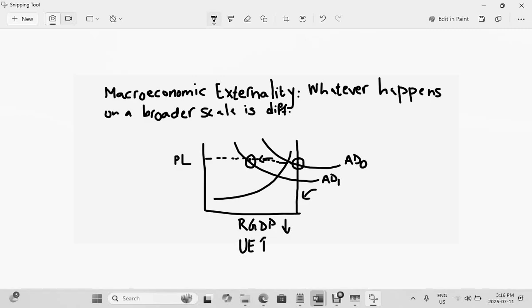Whenever the gross domestic product of a country goes down, the country suffers from unemployment because firms are not making the profit they used to make, or there aren't enough firms compared to before. This is a contraction of the economy, on a macroeconomic, national scale.